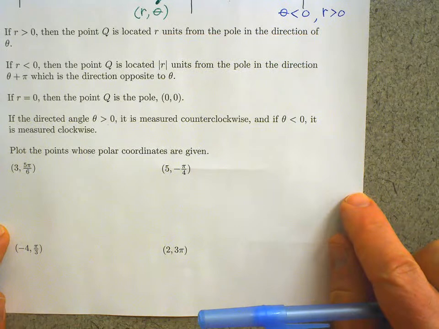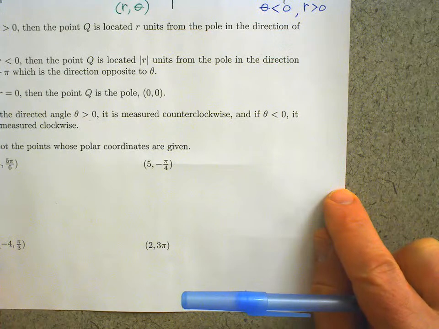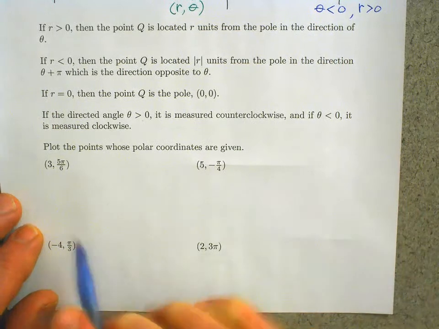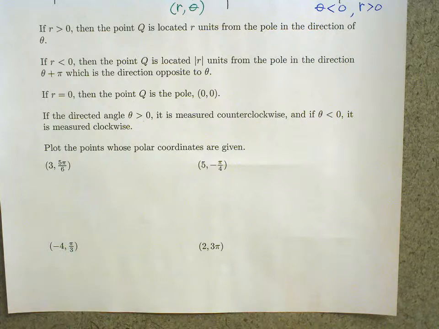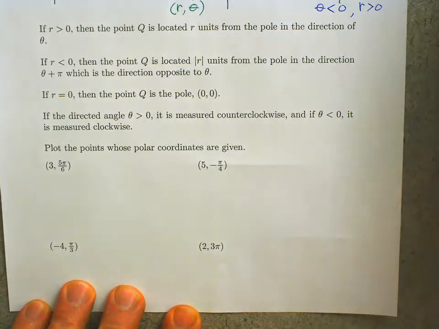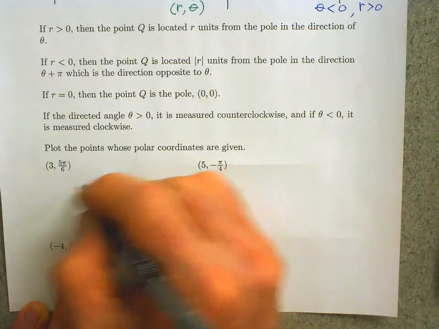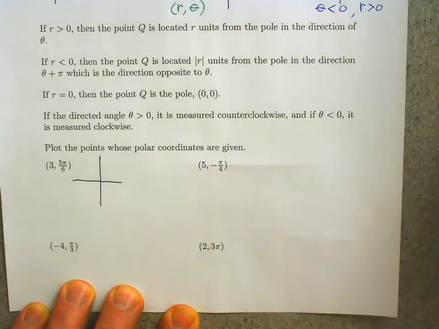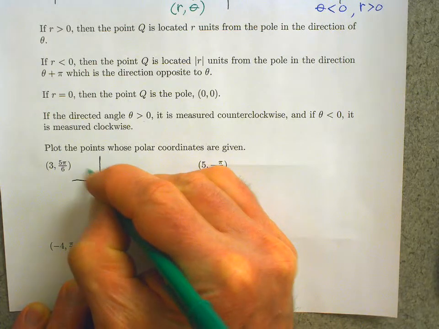Okay, let's do some examples. Plot the points. We'll start with this left one. Plot this point whose polar coordinates are given. The angle is 5 pi over 6. So if we move counterclockwise 5 pi over 6, that's about right there.